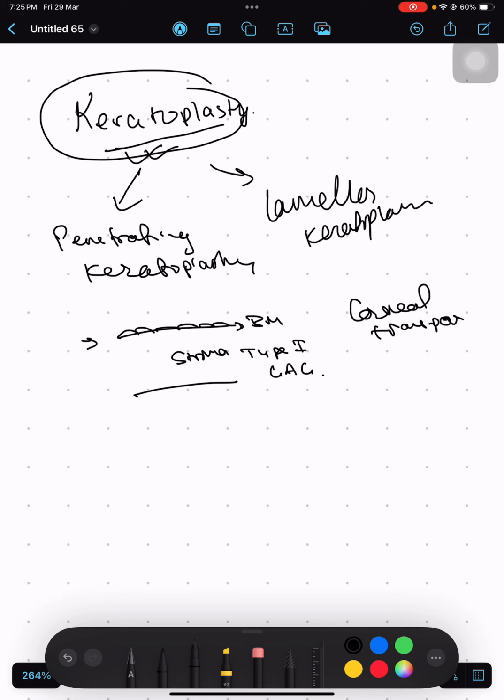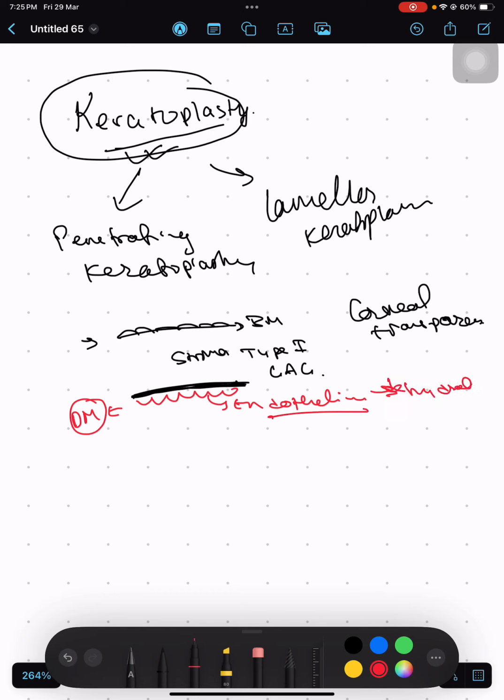And this is basically the Descemet's membrane. And then what you have here is the endothelium, and I already talked that this endothelium is very important for maintaining the dehydration of the cornea.